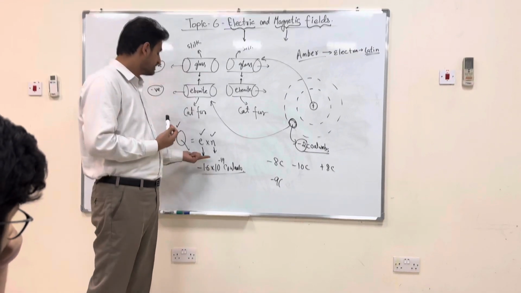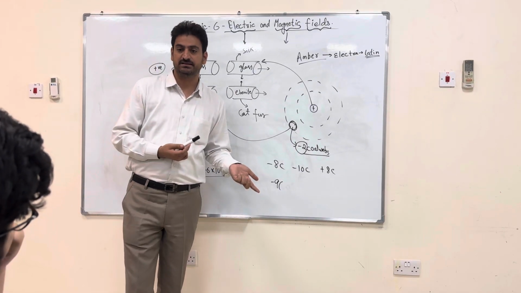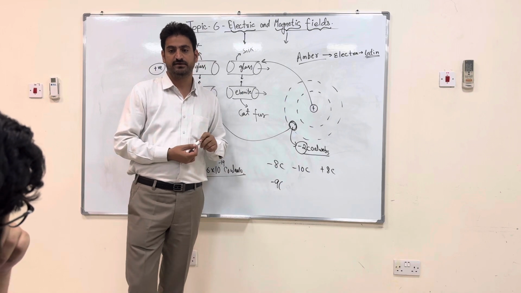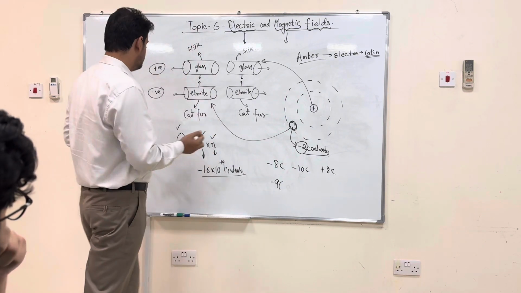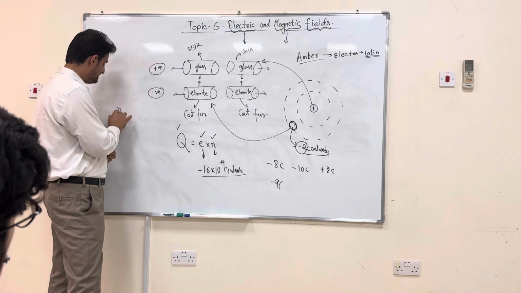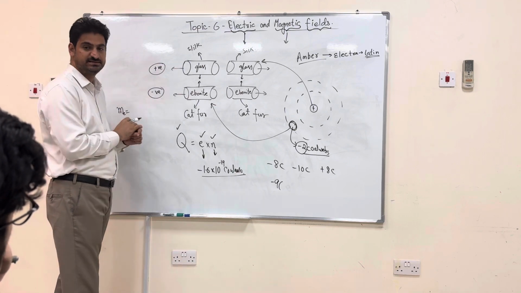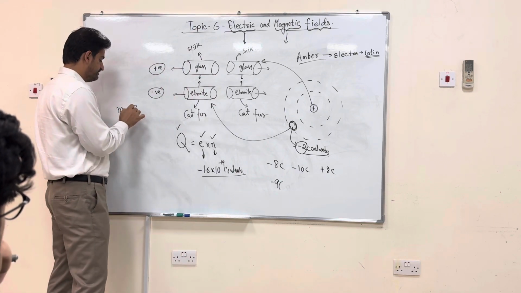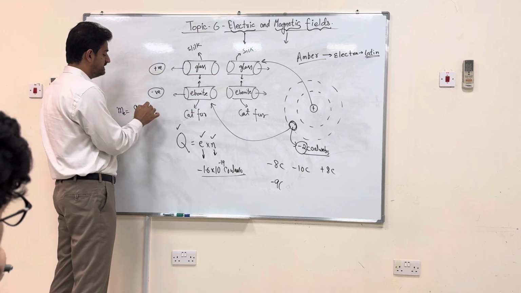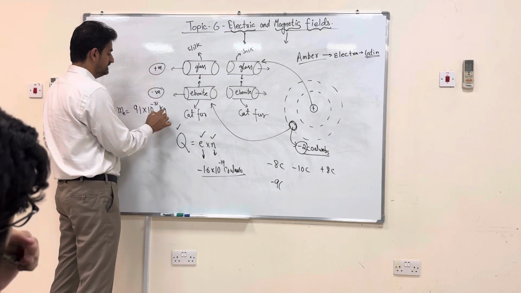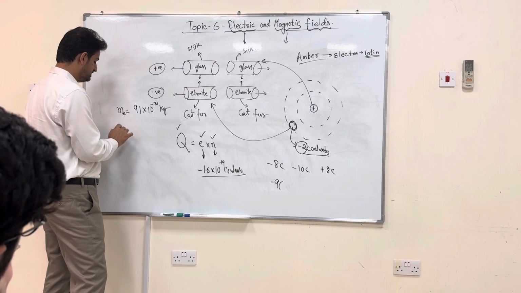Now, you also have to understand the mass of an electron. Do you know the mass of an electron? This is known as m_e, the mass of an electron. How much is that? 9.11 times 10 to the power minus 31 kilograms. And do you know the mass of a proton?